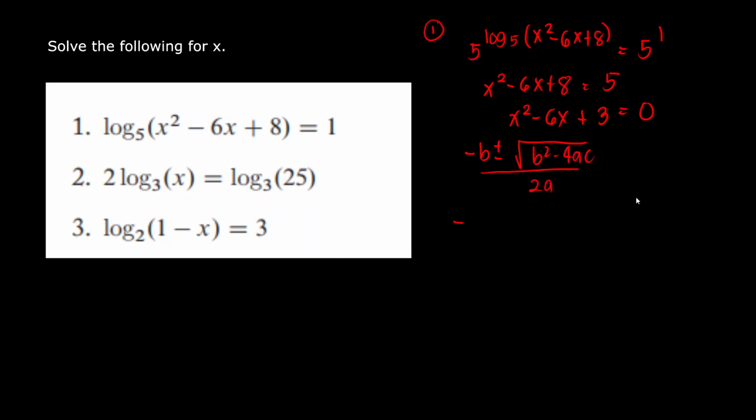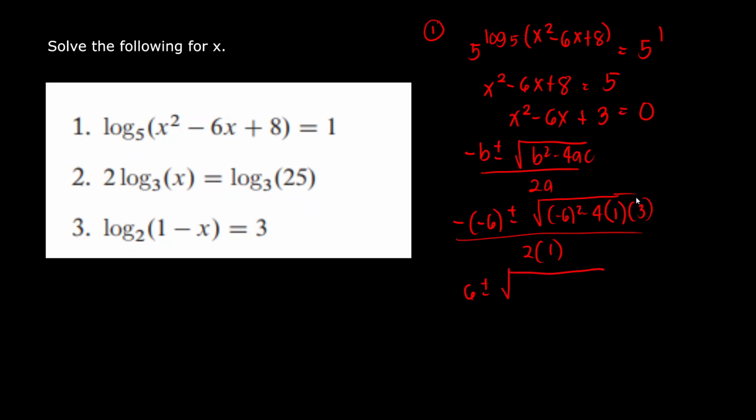Okay, so negative of negative 6 plus minus square root of negative 6 squared minus 4 times a times c over 2 times a. Okay, so this is 6 plus minus square root of 6 squared is 36 minus 4 times 3, that is 12 over 2.